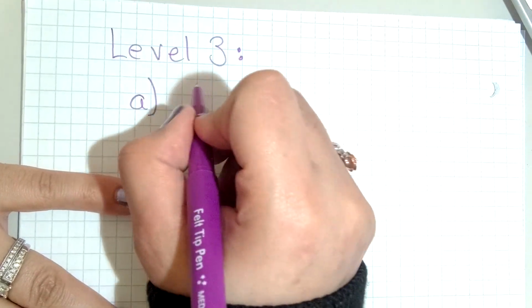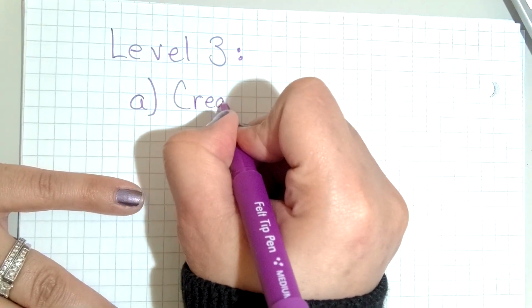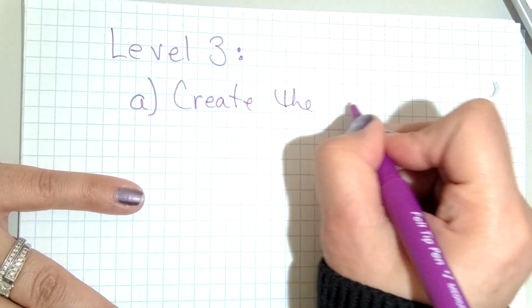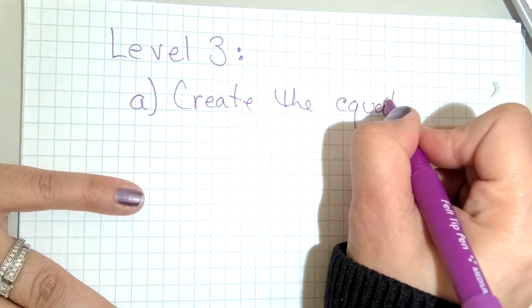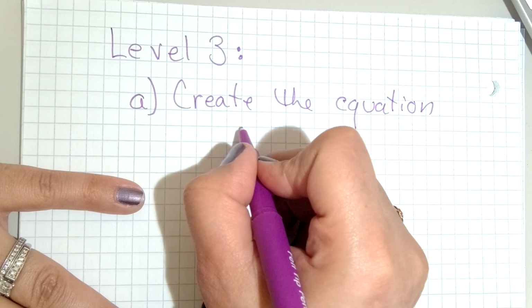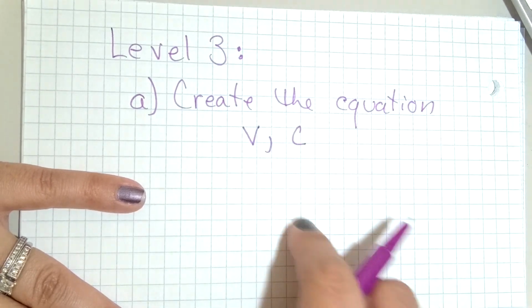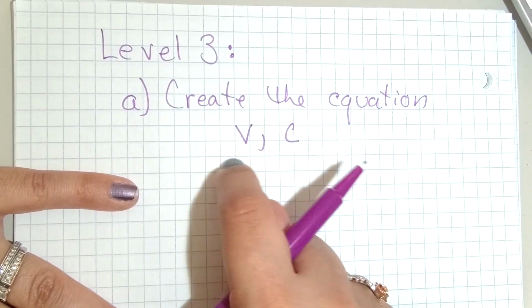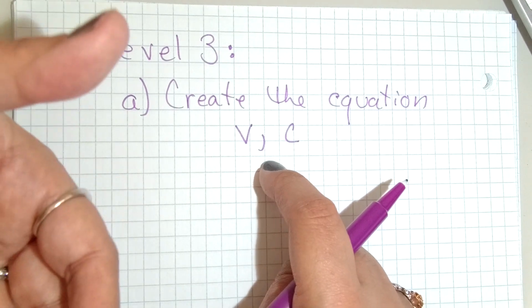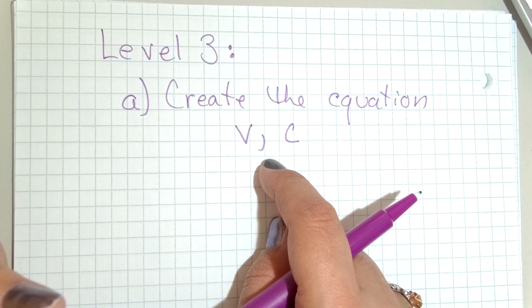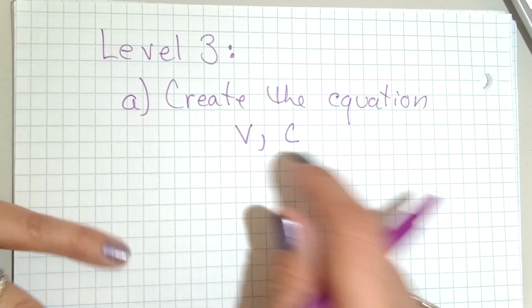For level 3, you're going to need to create the equation. You're going to need to find v and c. That's all you need to find for level 3, is v and c. And it's given to you in the word problem. So all you have to do is make sure that you're labeling it correctly.